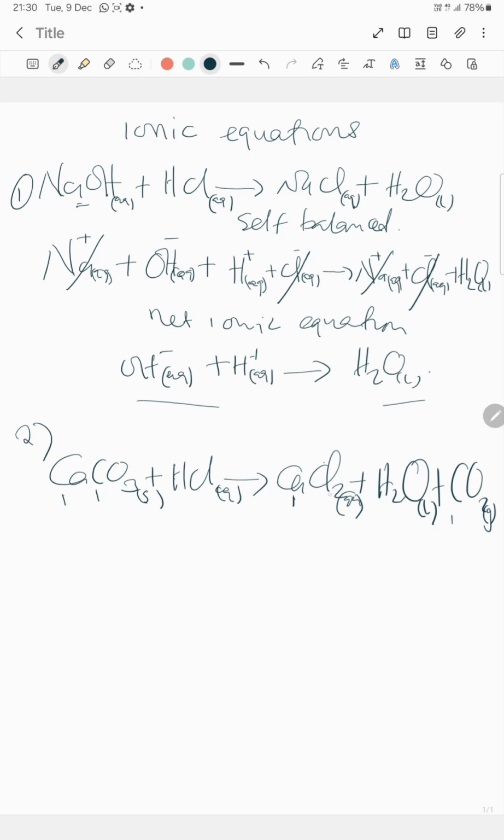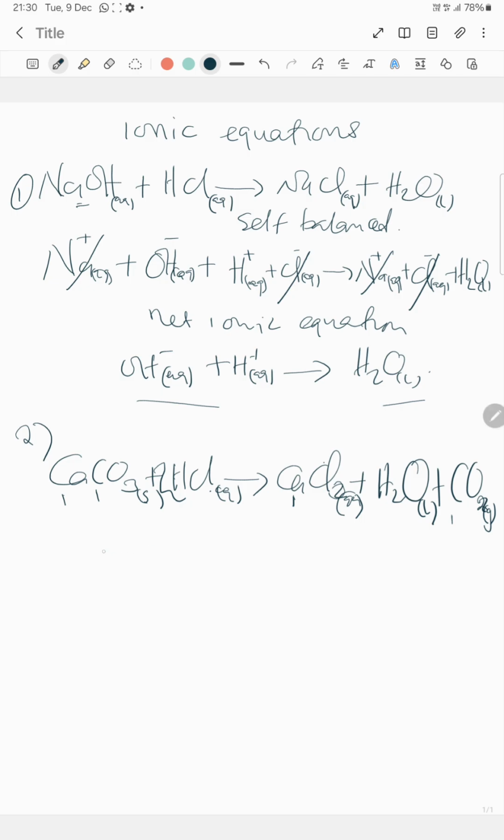But if I check chlorine, here is 2, so I'll be forced to make this chlorine also 2. So I'll put 2 in front of HCl. Now hydrogen becomes 2, and even here hydrogen becomes 2. Oxygen, this is 2 plus 1 is 3, and here it is 3. So it is now balanced, just by putting a 2 there.